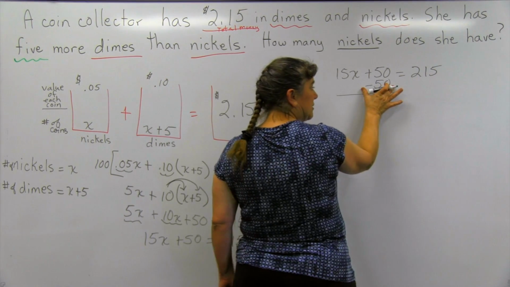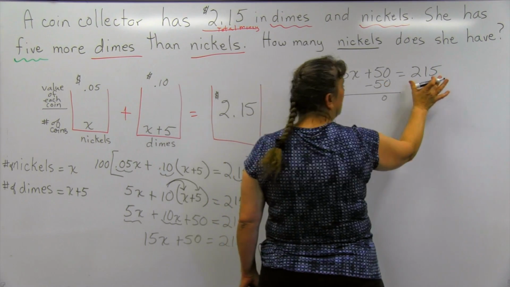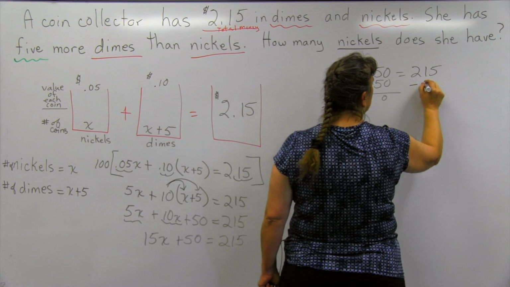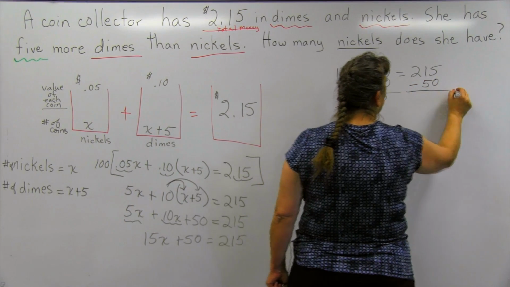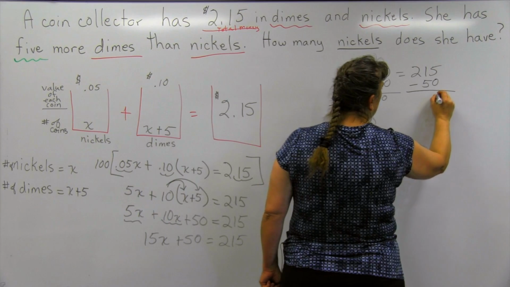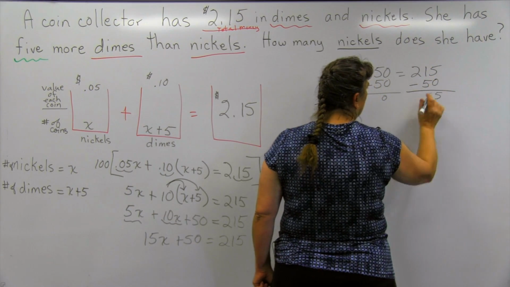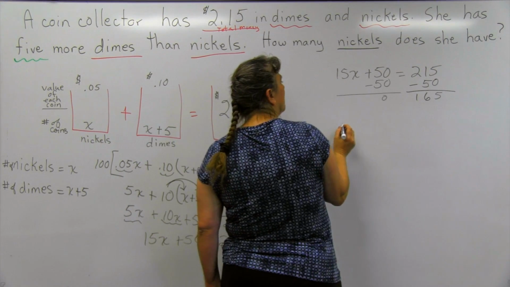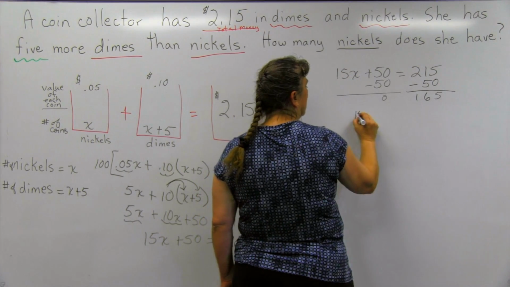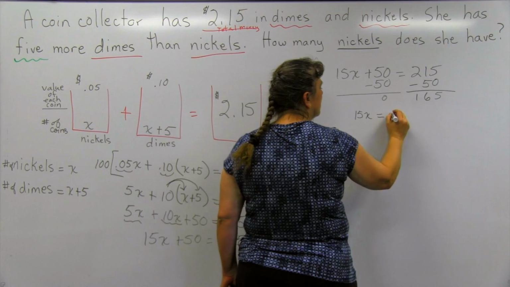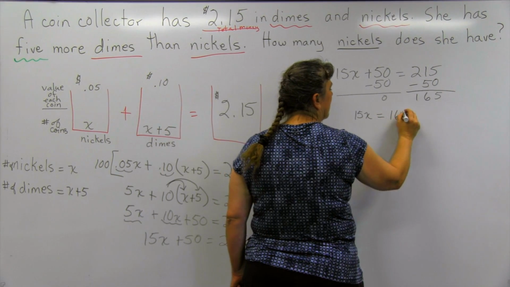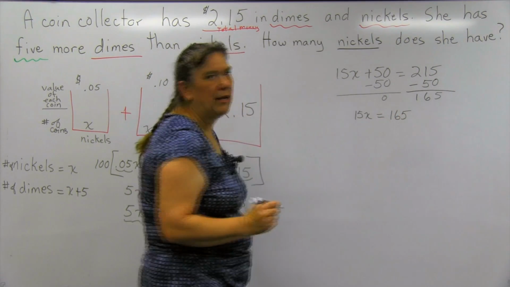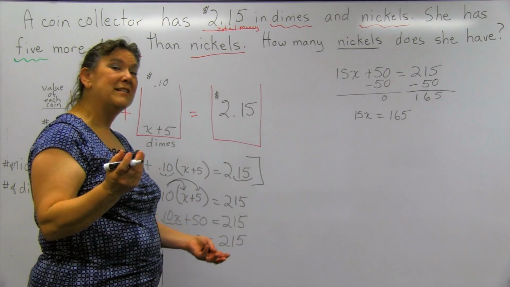Now, if we do this one over here of minus 50, we must do the same to the other side. And again, subtracting this, we have 5. 21 minus 5 is 16. And we are ready. 15x equals 165.